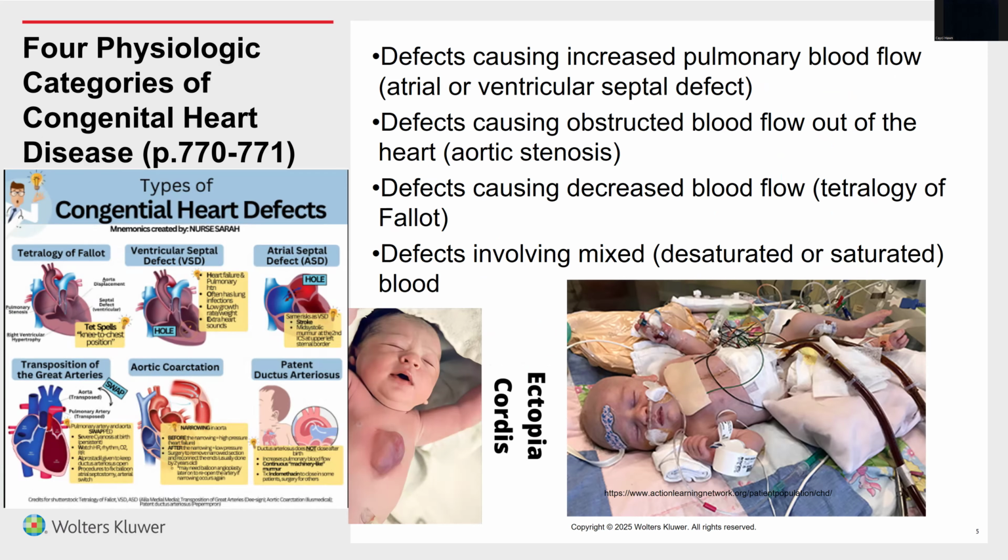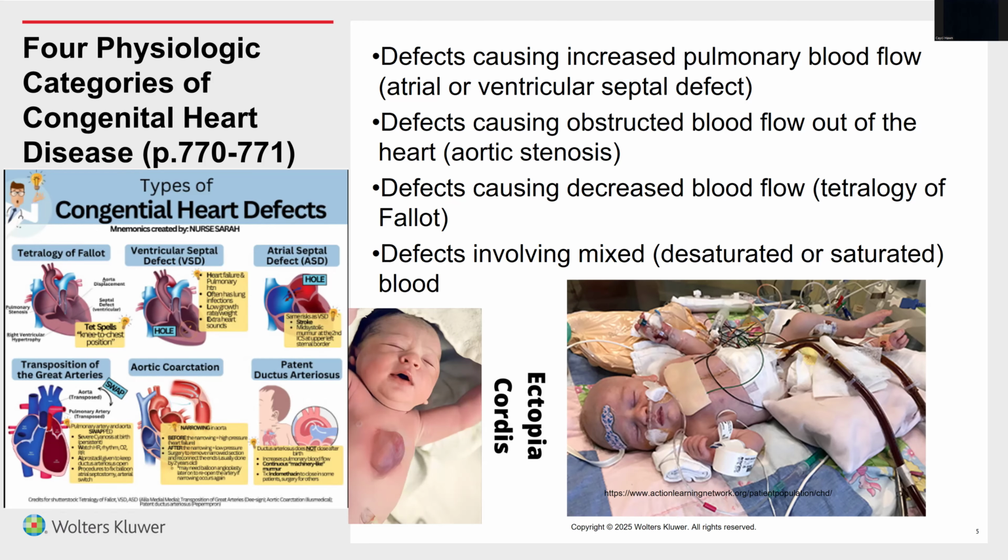Ventricular septal defect would be a hole between the ventricles. Defects causing obstructed blood flow out of the heart include aortic stenosis. Defects causing increased blood flow, or not increased, excuse me, but decreased blood flow. Defects causing decreased blood flow include tetralogy of Fallot.